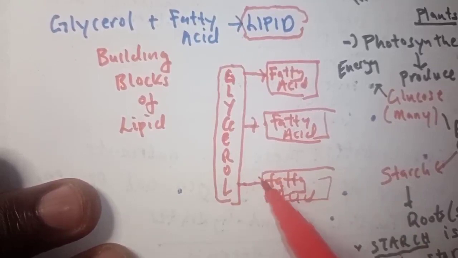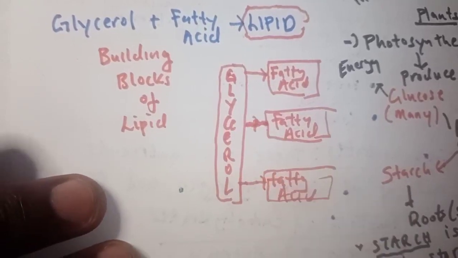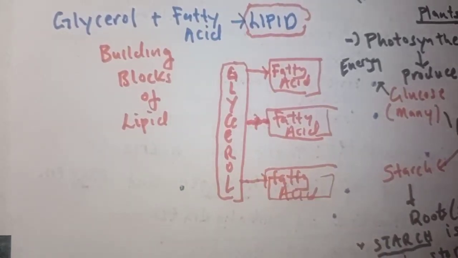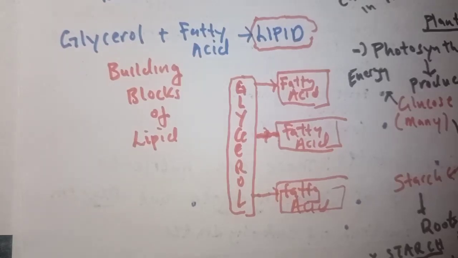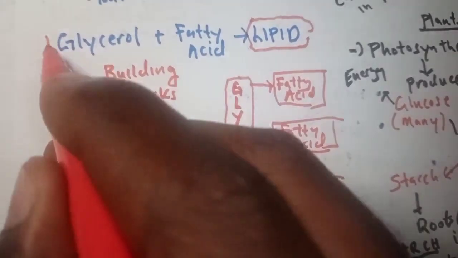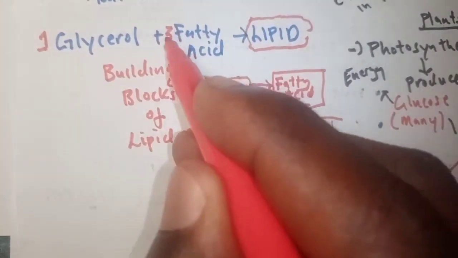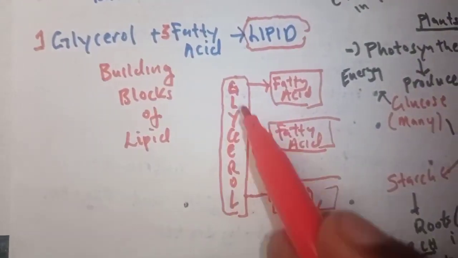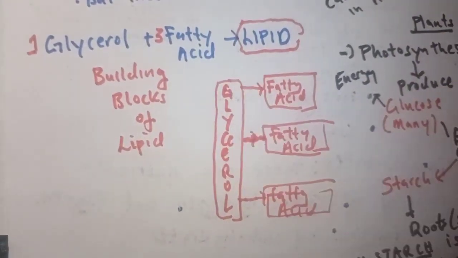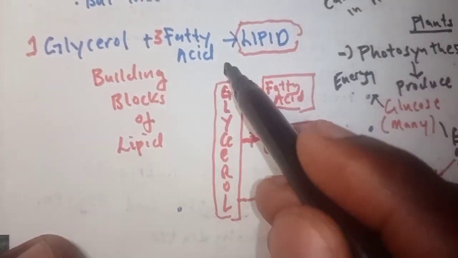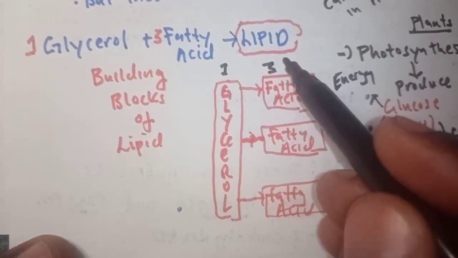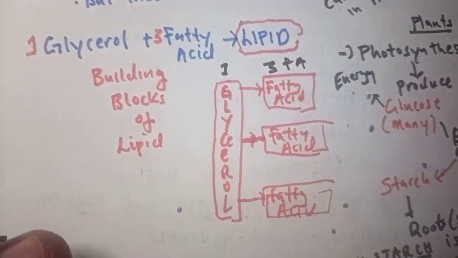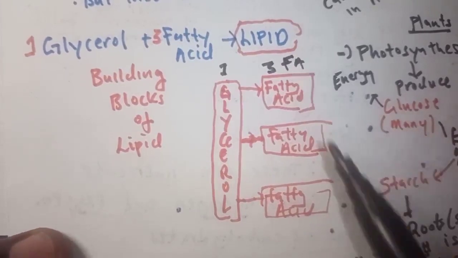So this is how a lipid molecule looks. It's made up of 1 glycerol and 3 fatty acids. I've written them as Fa, fatty acids.